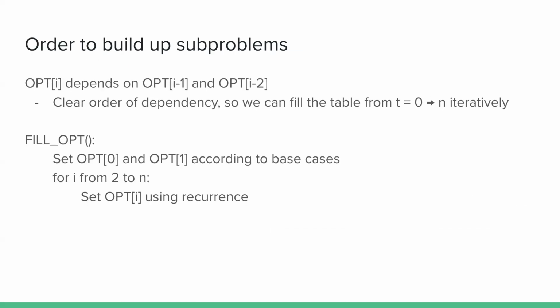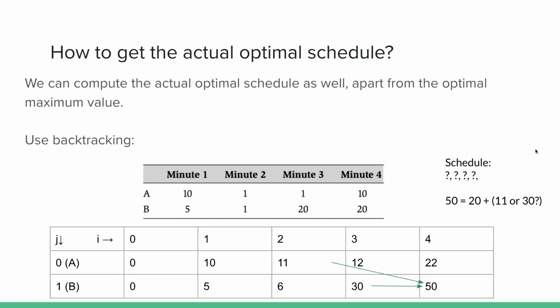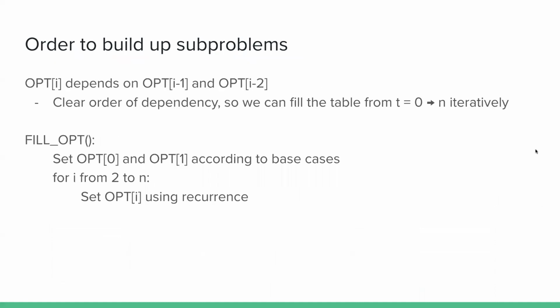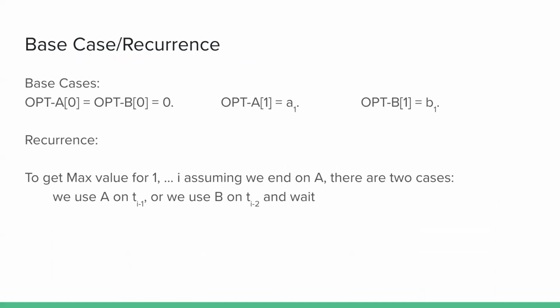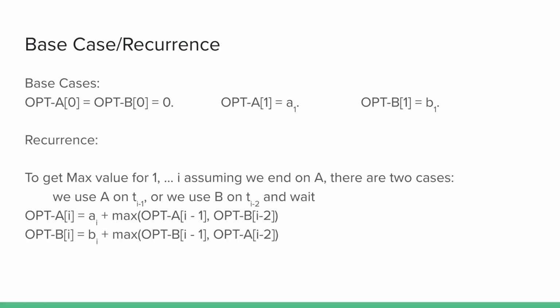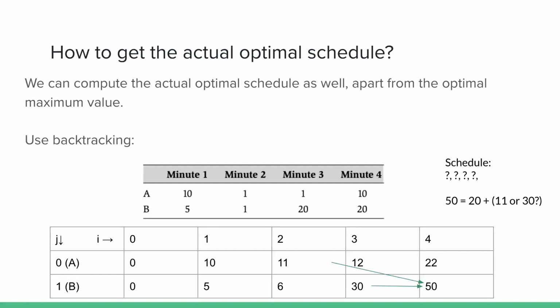Oh, so yeah. Well, the question actually asked for the schedule, but right now we're only computing the maximum value, and to get the actual schedule, we actually need backtracking, which let's see how we do that.